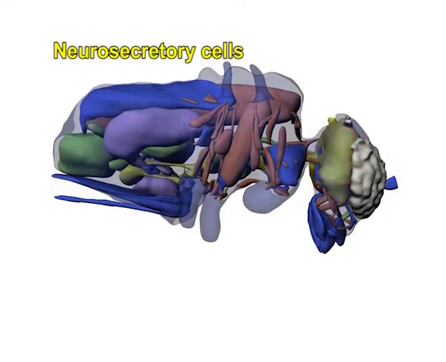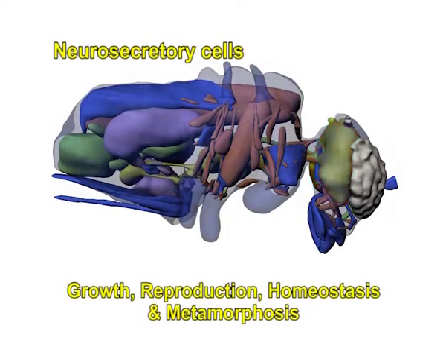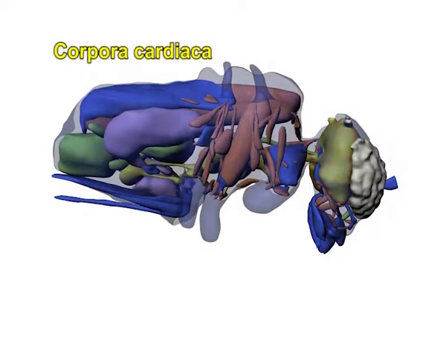Neurosecretory cells in the brain can produce one or more hormones that affect growth, reproduction, homeostasis, and metamorphosis. Corpora cardiaca are a pair of neuroglandular bodies that are found behind the brain and on either side of the aorta.